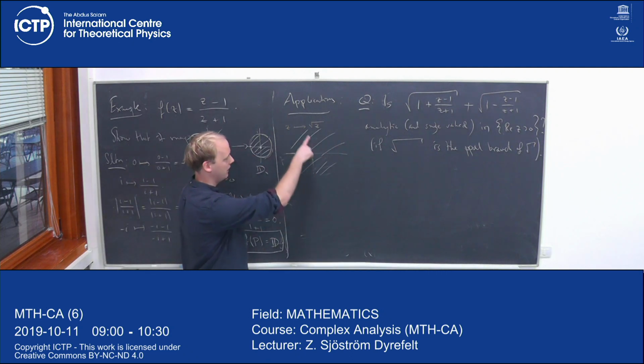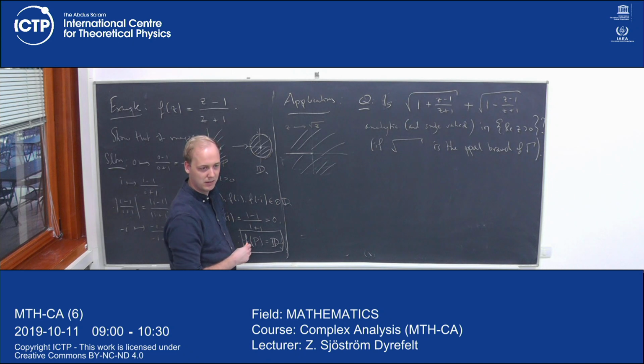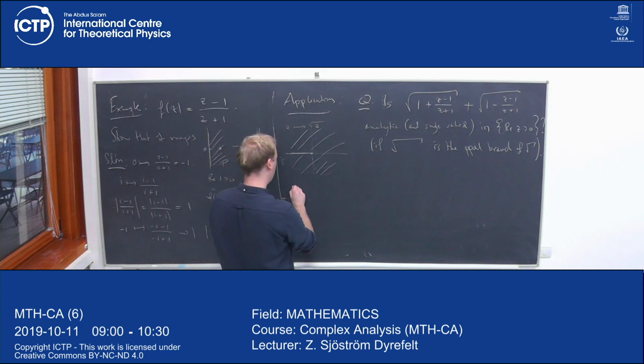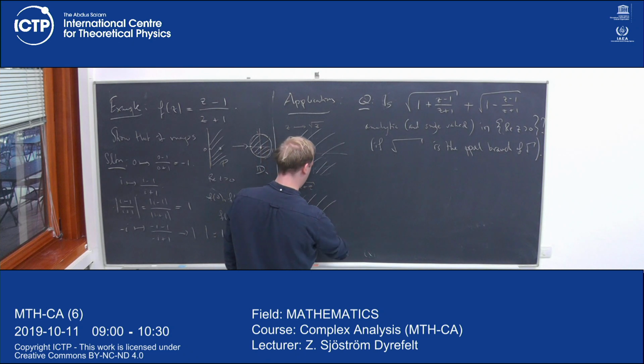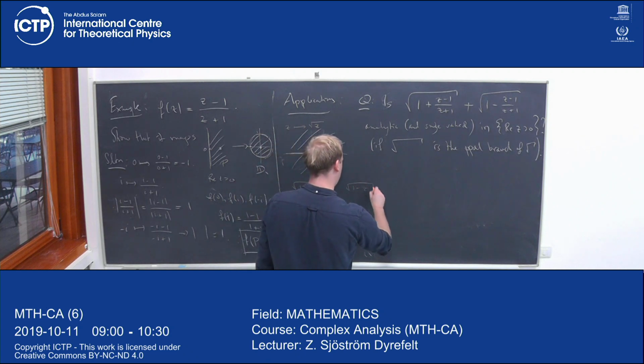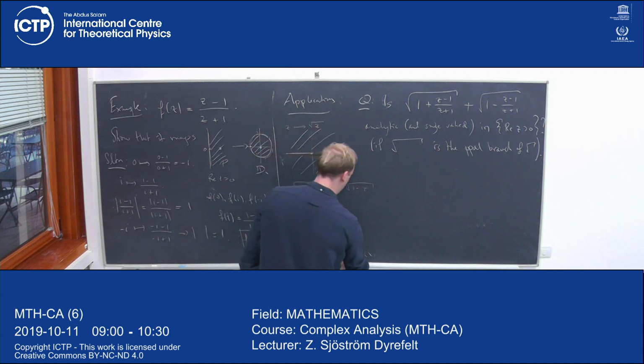So we know that the square root of z is defined on this set. So that means that 1 plus the square root of z is defined here. And 1 minus the square root of z is defined here.